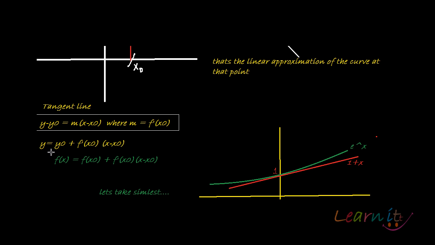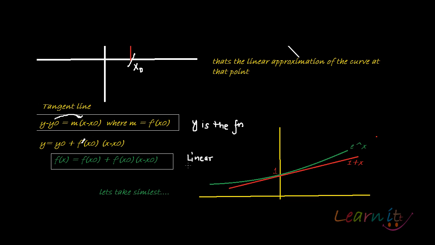Here y is the function, so y equals y naught plus f dash x naught into x minus x naught, and that will be the value of the function, or the linear approximation of the function, at the point x naught.